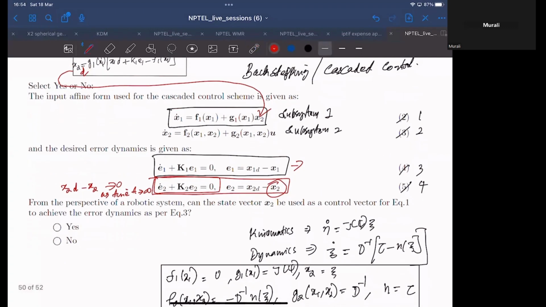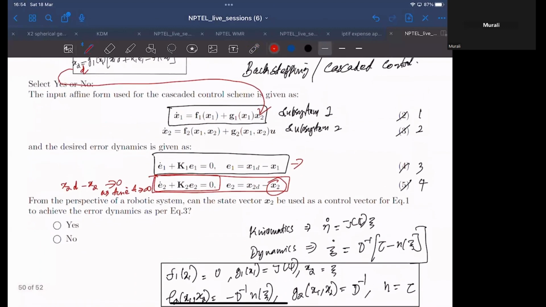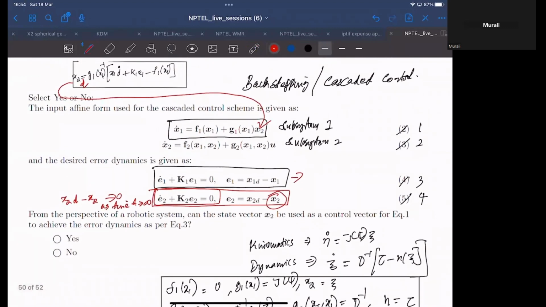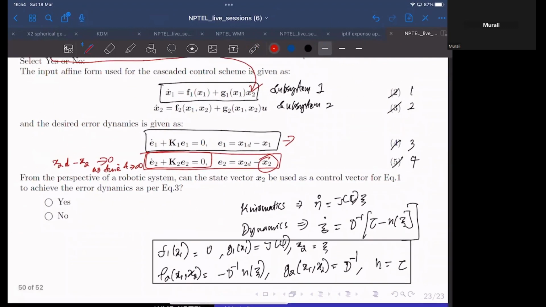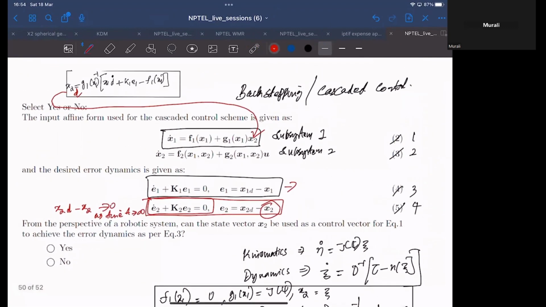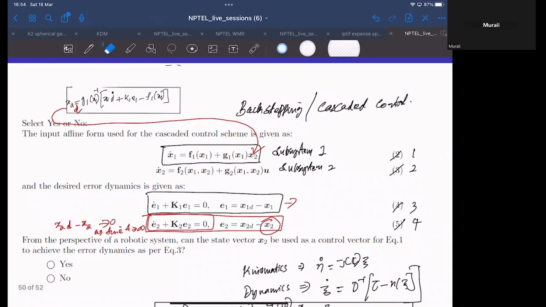So if we back substitute, our objective of this cascaded control law is to find out this x2 so that this error dynamics can be satisfied.